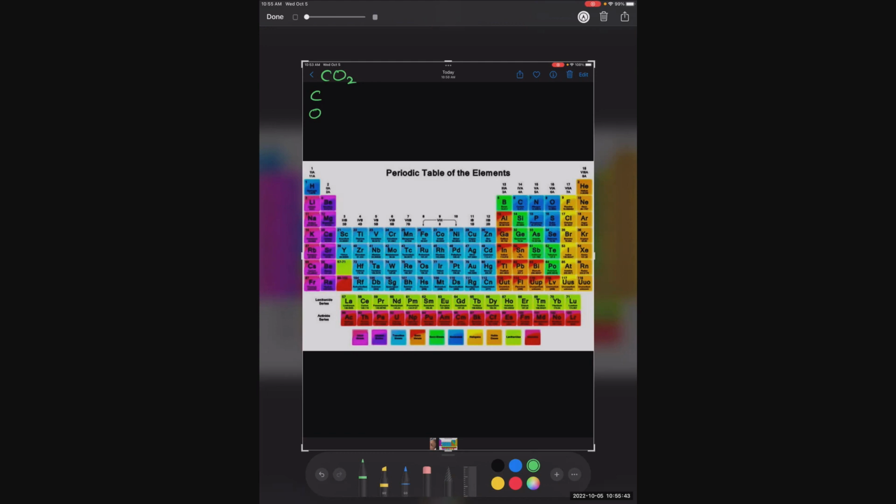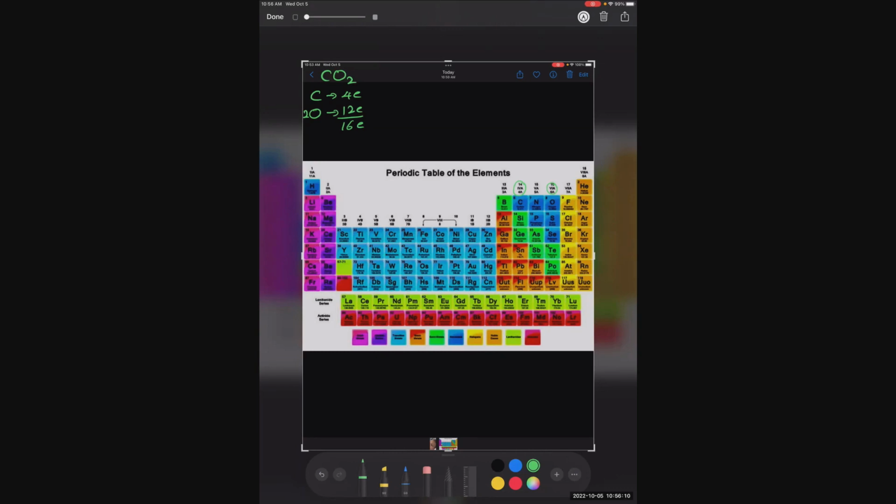Carbon is in the fourth group, so we have 4 valence electrons from carbon. And oxygen is in the 6th group, meaning they have 6 valence electrons. We have 2 of them, and 2 times 6 is 12 electrons. So altogether, we have 12 plus 4, 16 valence electrons.